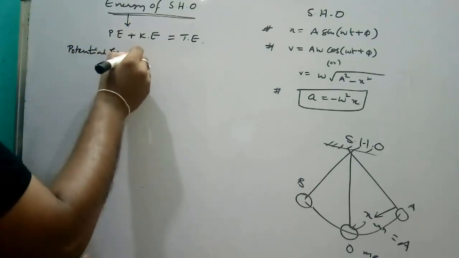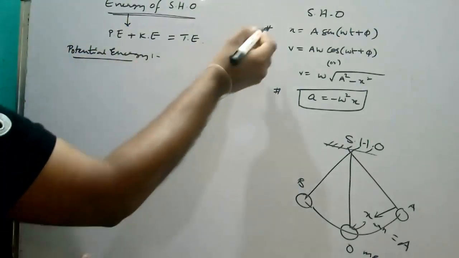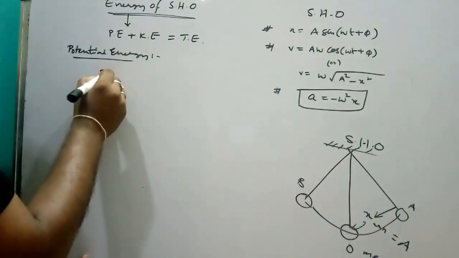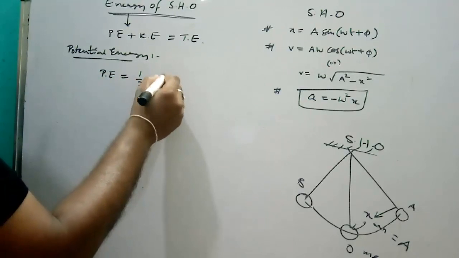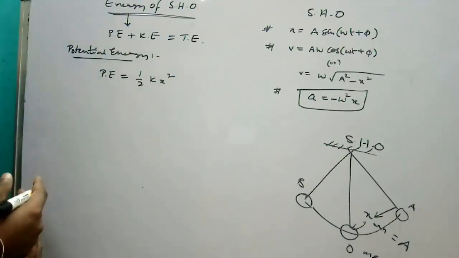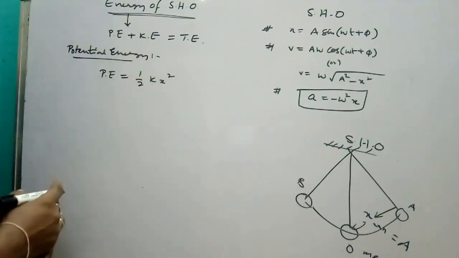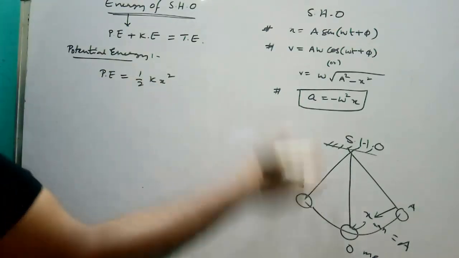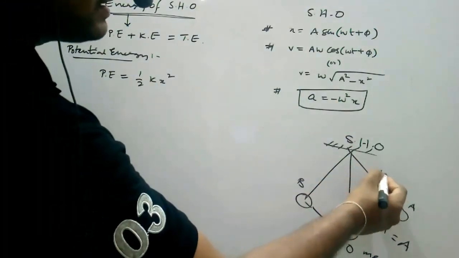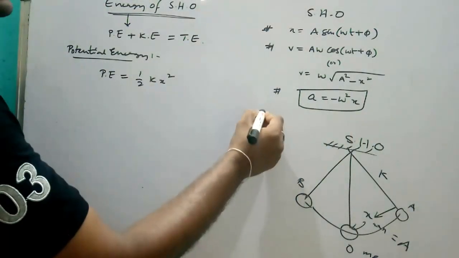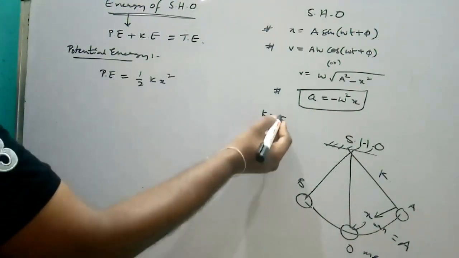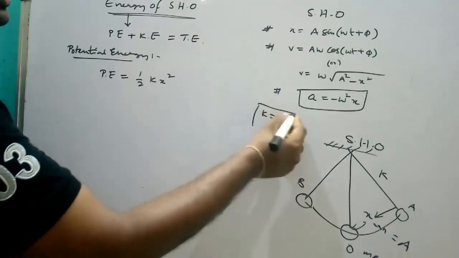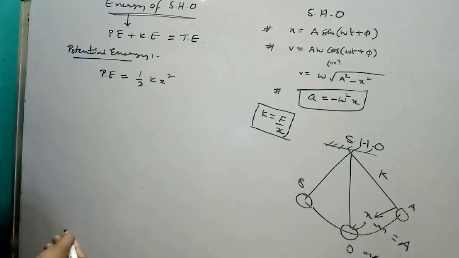We already know it is half kx square. What is k here? K is the force constant for this oscillator. K equal to F by x, force per unit displacement, is called the force constant.